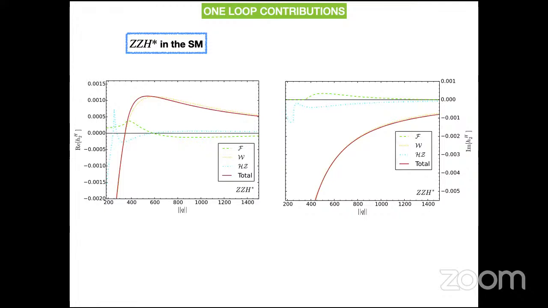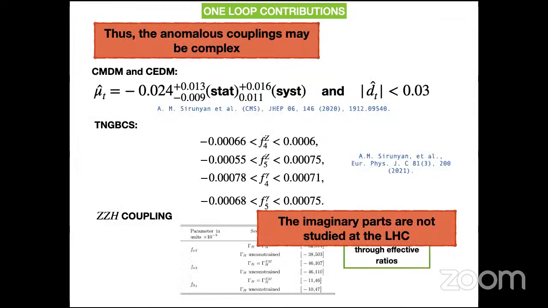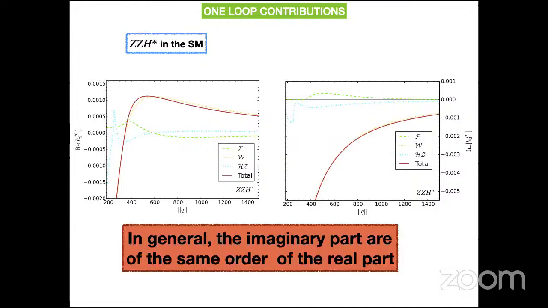This kind of coupling, these anomalous couplings, are also complex in general, right? And again, if we compare with the LHC results, they are only constrained as real observables. Also, we can observe from these plots that in general the imaginary parts are of the same order as the real part.